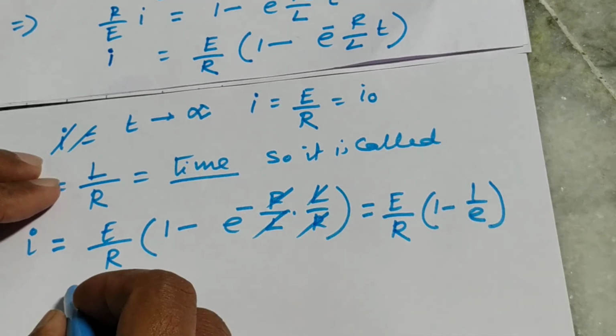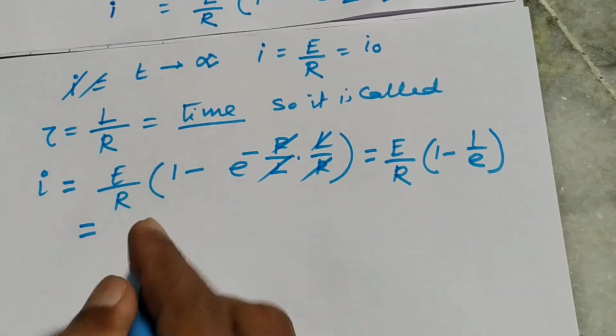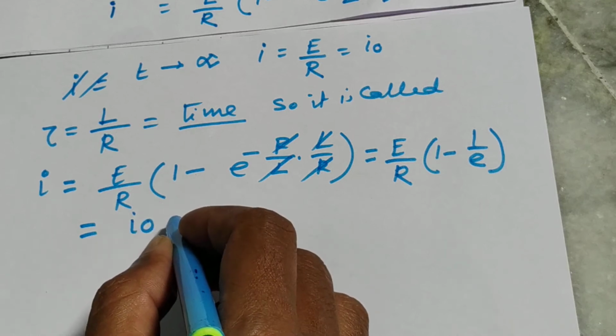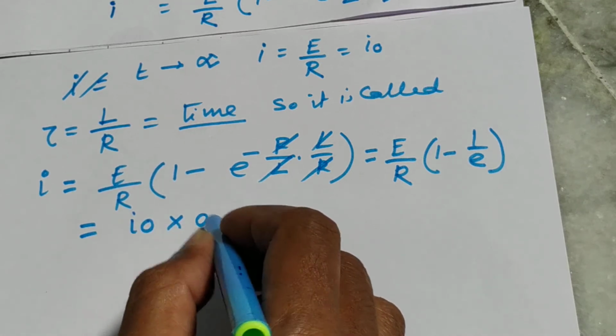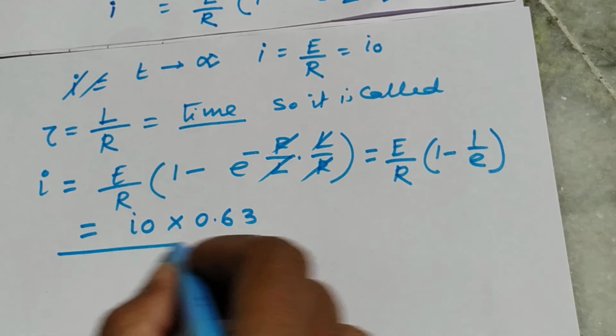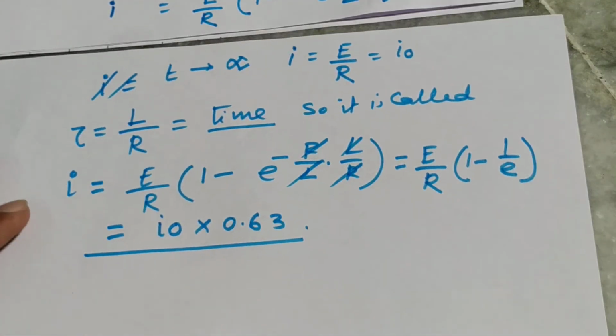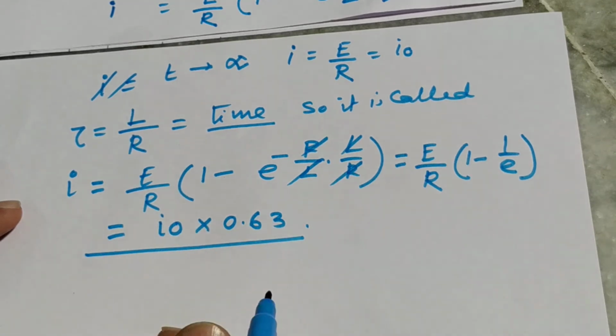Okay, and this is equal to I0 into 0.63.